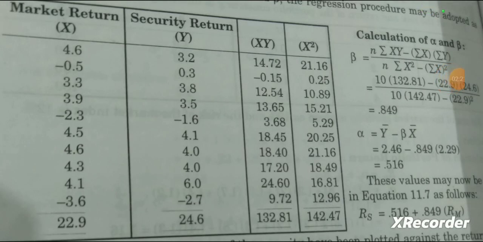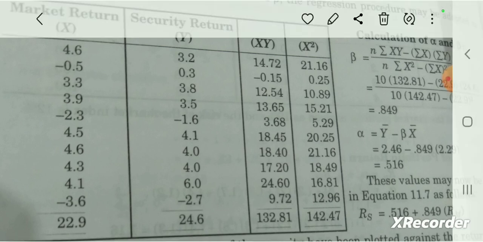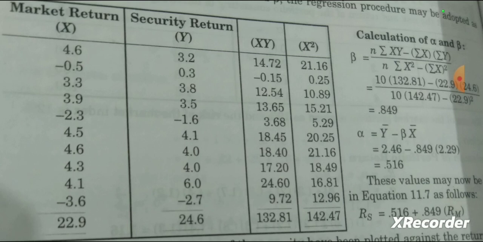One example is visible on your screen which shows the market return and security return, and on the basis of this data we can find the value of alpha and beta with the help of regression analysis, as we have discussed in statistics also. The formula is visible on your screen. It gives the value of beta as 0.849 and value of alpha as 0.516.